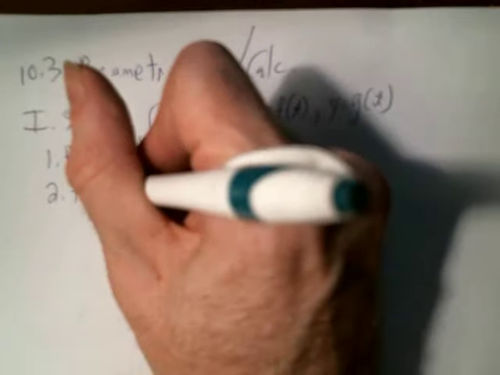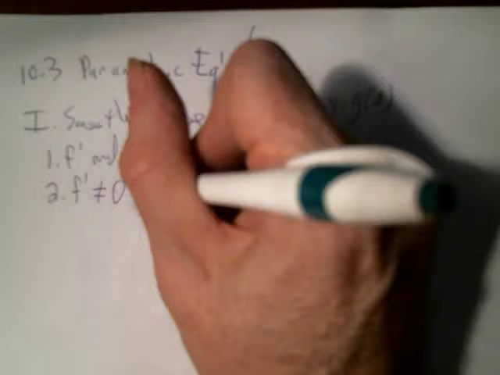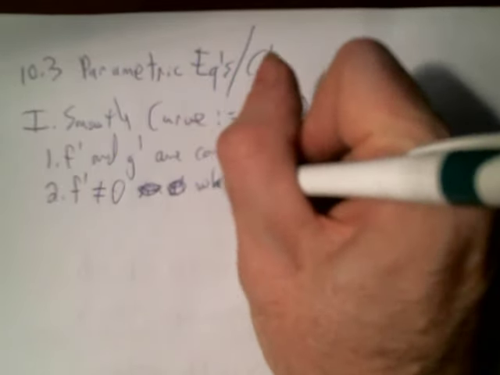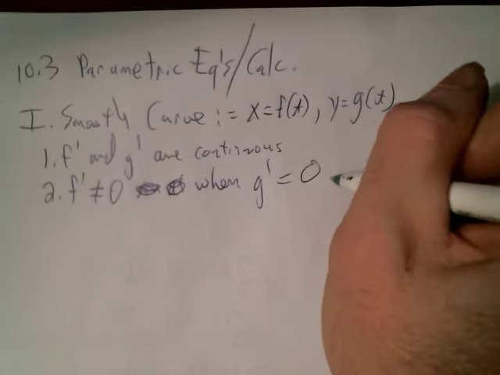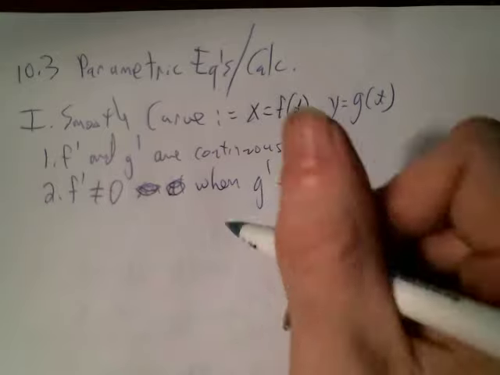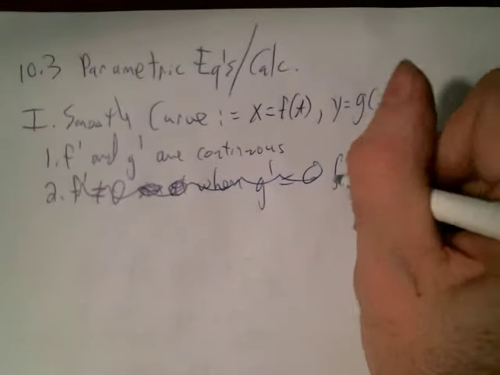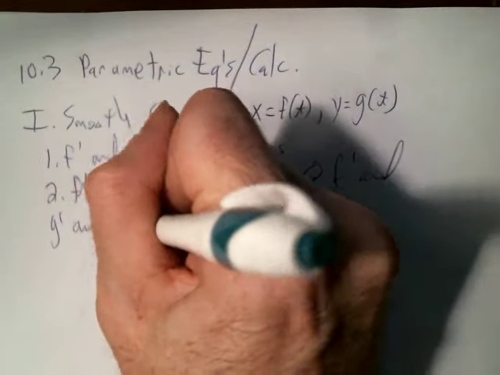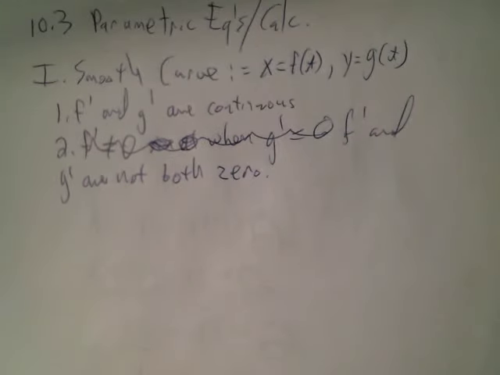And then secondly, f prime does not equal 0 at the same time when g prime equals 0. Okay, so you don't want them both equaling 0 at the same time. So maybe I should say f prime and g prime are not both 0. That makes me feel better.